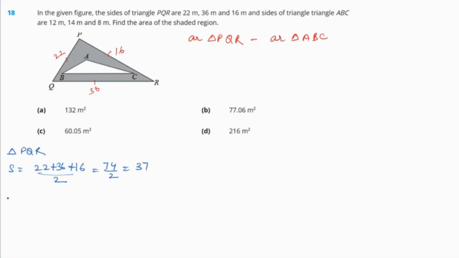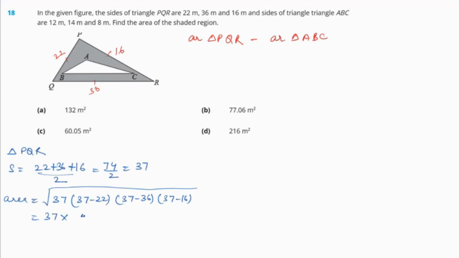So now the area would be the square root of 37 times (37 minus 22), (37 minus 36), and (37 minus 16). So we are going to get 37 times 15 times 1 times 21.